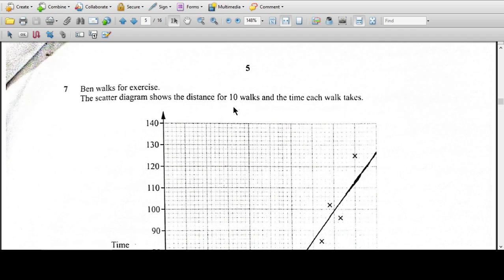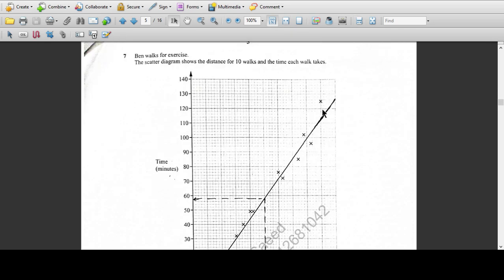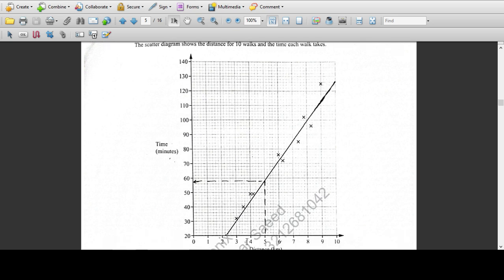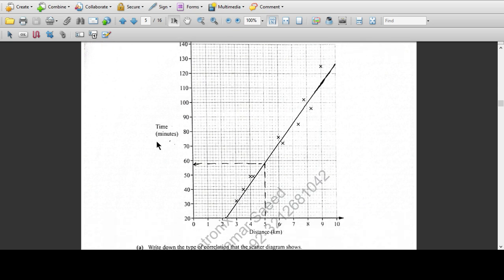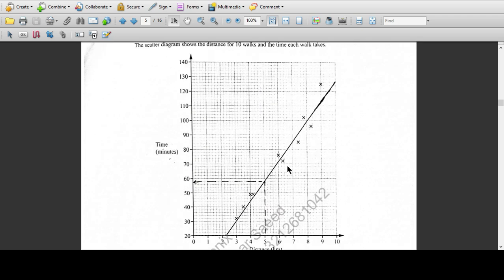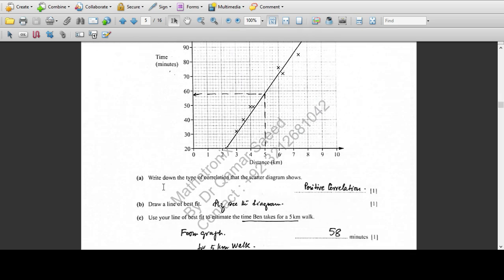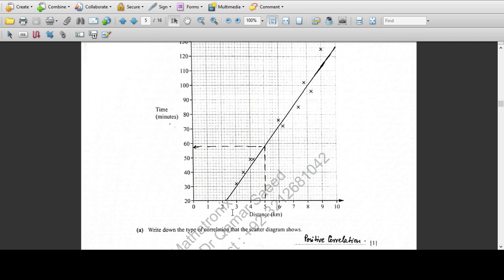So these are the 10 walks which are plotted here, with the distance and time for each. We plot the table values on this graph as crosses, and from this the correlation is that if it takes more distance, then it takes more time.